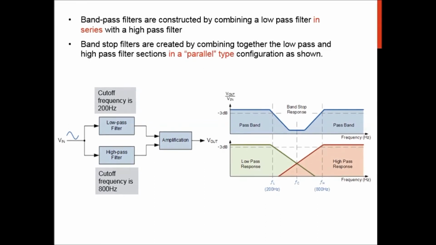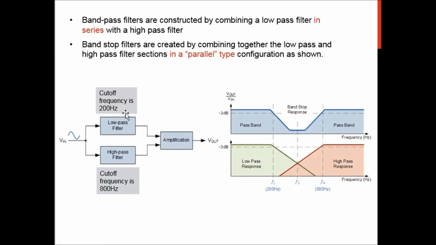For band stop, the most important thing is the cut-off frequency, which can be calculated using the formula square root of FL multiplied with FH. And that's how you can get the cut-off frequency for the band stop filter.